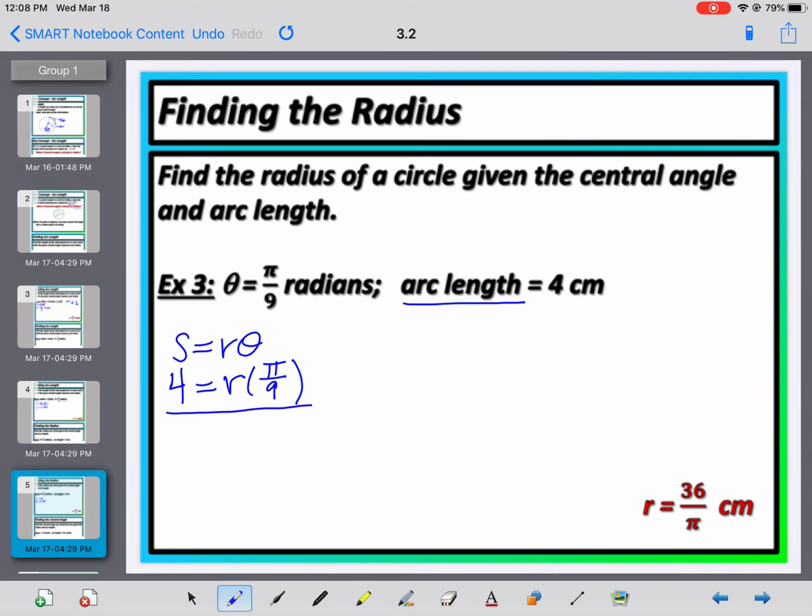In order to solve this, we would divide by pi over 9, and dividing by that is the same thing as multiplying by its reciprocal. So you could imagine this as 4 over 1, multiply across the top and across the bottom. So 36 over pi centimeters is our radius.